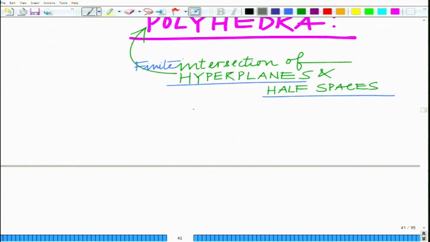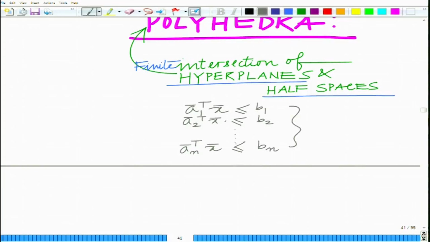So, for instance, we have seen that the half spaces can be represented as follows: A1 bar transpose x bar less than or equal to B1, A2 bar transpose x bar less than or equal to B2, and so on, up to An bar transpose x bar less than or equal to Bn.